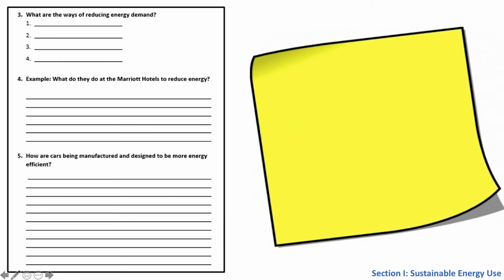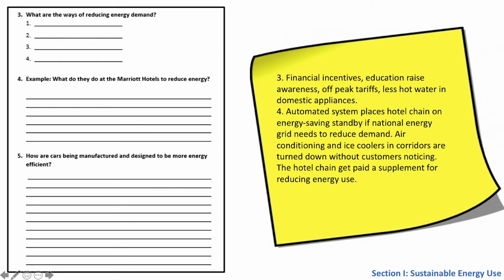Let's move on. Question 3 says, what are the ways of reducing energy demands? Well, one of the ways of reducing energy demand is by offering a financial incentive, encouraging people to use less energy.